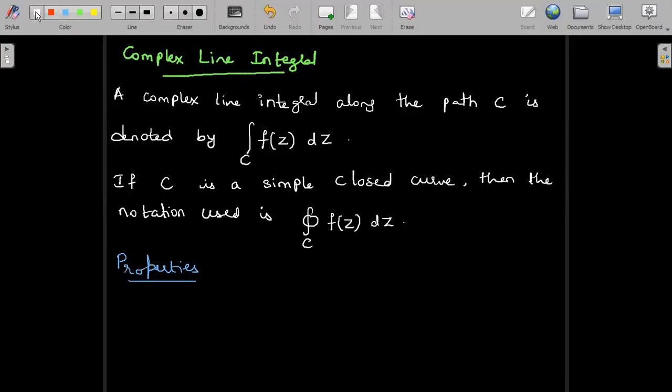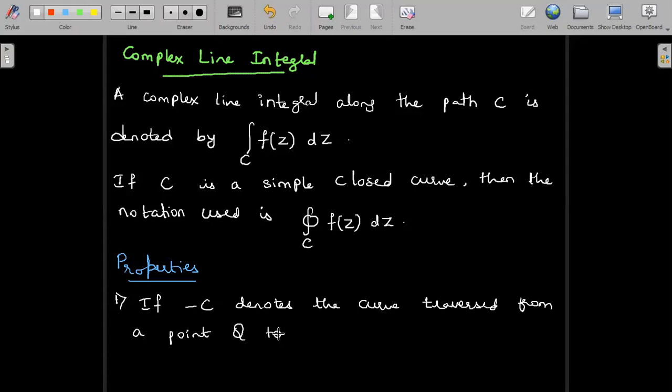In the first one, if minus C denotes the curve traversed from a point Q to a point P, then integral over minus C f of z dz can be written as minus integral over C f of z dz.